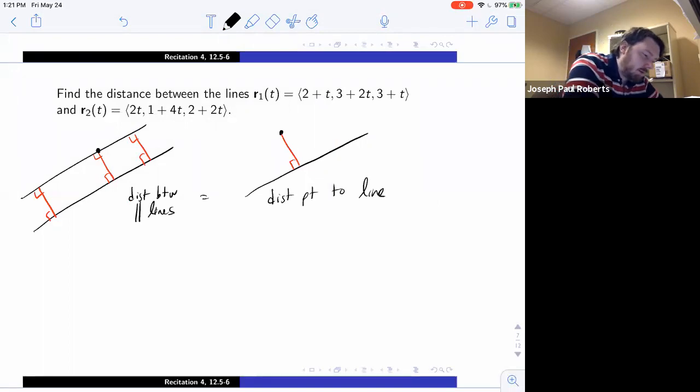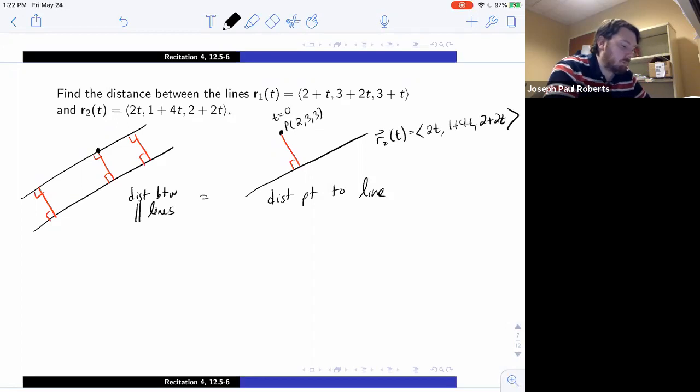So, okay, we could have this be R2 of t is what? 2t, 1 plus 4t, 2 plus 2t. And then my favorite point on the first line corresponds to t equals 0 on R1, which is going to be what? 2, 3, 3.